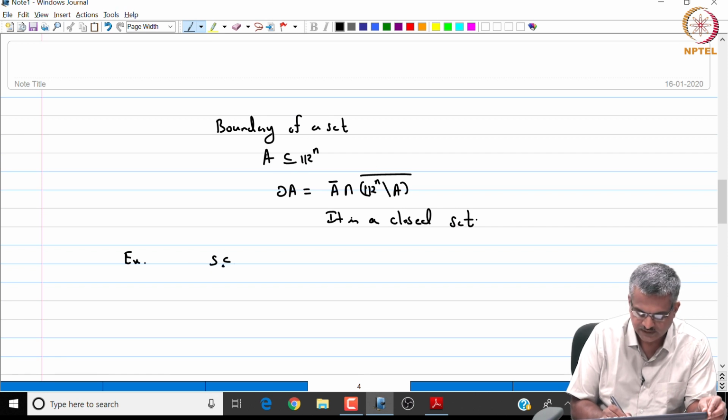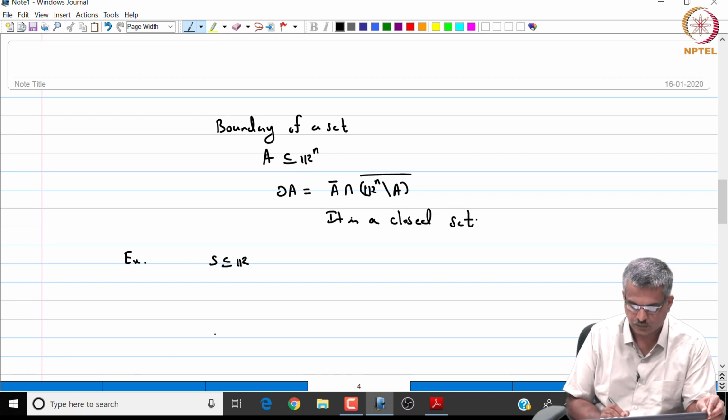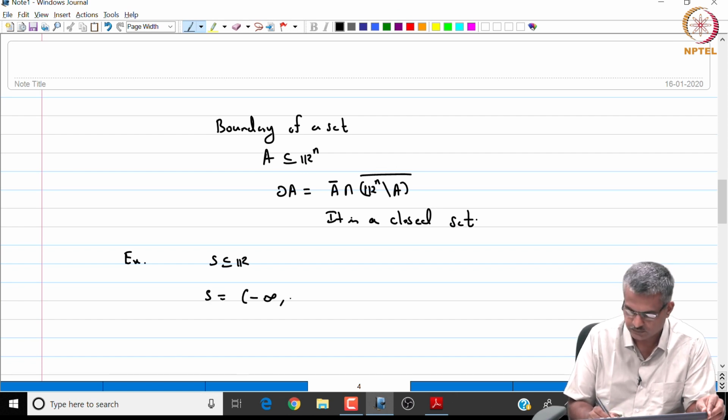Let S be a subset of R. S is given by this interval.